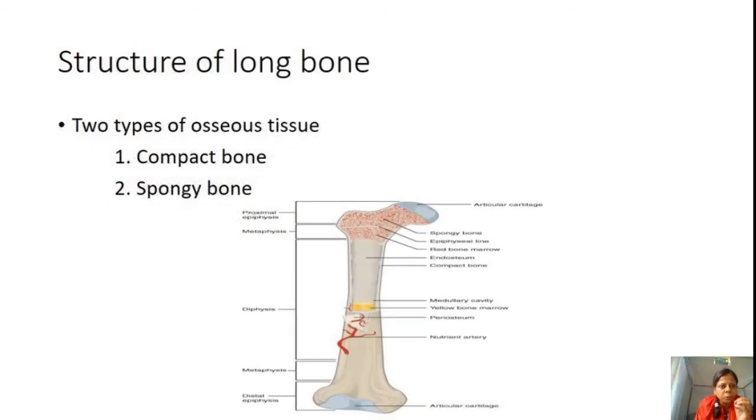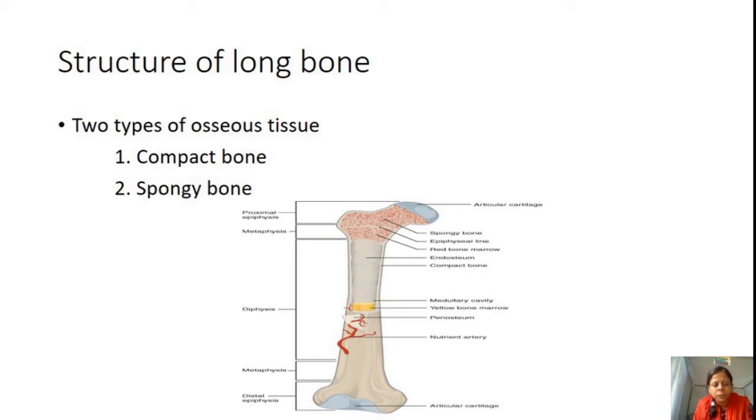Usually the bone will be studied by taking the long bone. Long bone, as I told, may be humerus or the femur. They have two types of structure: one is compact structure and another one is spongy structure. The bone tissue is also called osseous tissue.